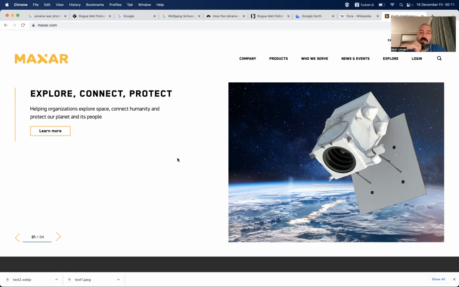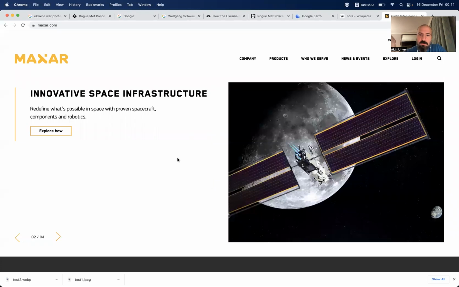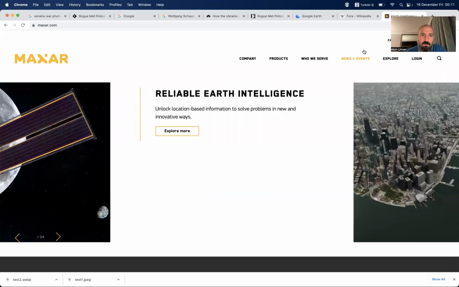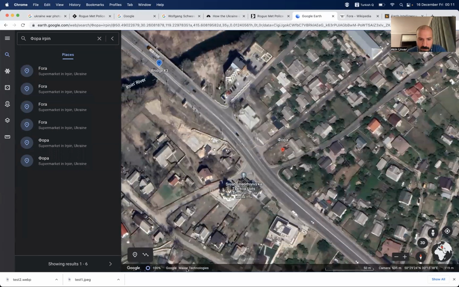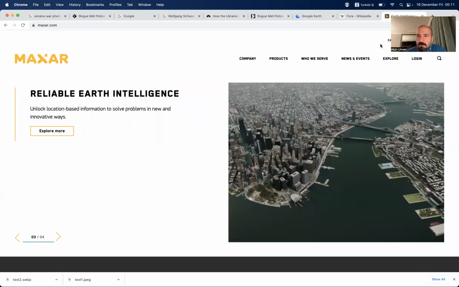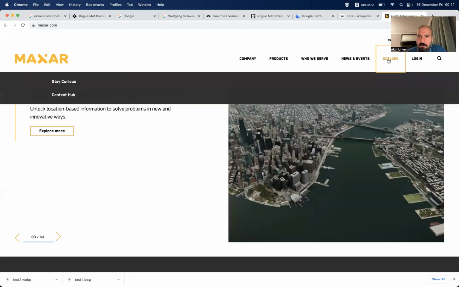It produces some of the most private and strategic imagery in the world, and it is also providing Google with most of the images that it shows in its Google Earth. As you can see here, it says Google. It's getting from Maxar. So Maxar has this explore section here.